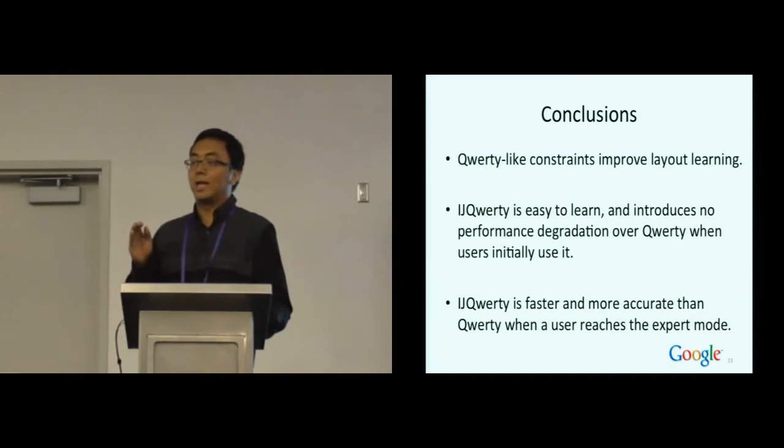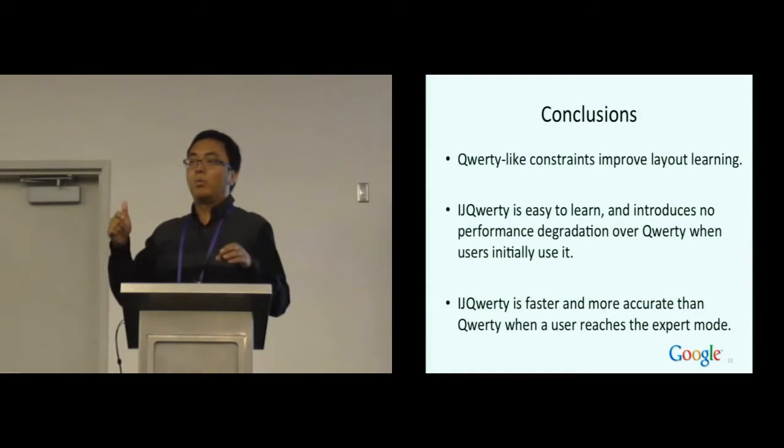The second point is that if we allow freely swapping any two keys, I think it will hurt learnability. Actually, we did a project last year. In last year's research, we introduced this Qwerty similarity, so you can move the keys away. We didn't really confine them to Qwerty neighbors. The problem that we found was that it didn't really improve learning, because sometimes when you encounter a key, you don't know its location.